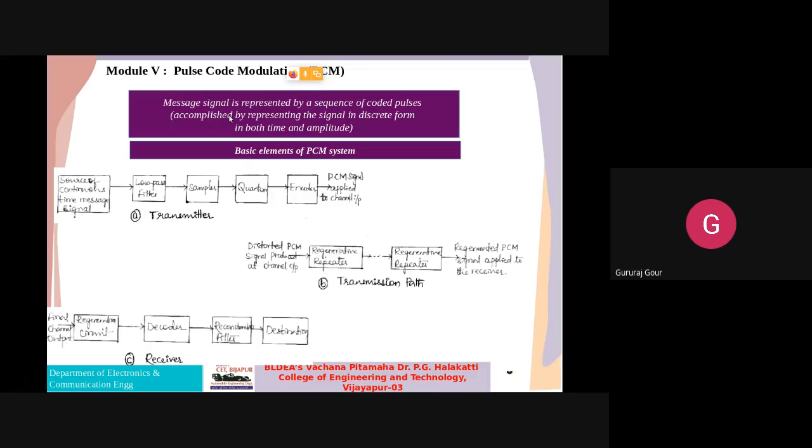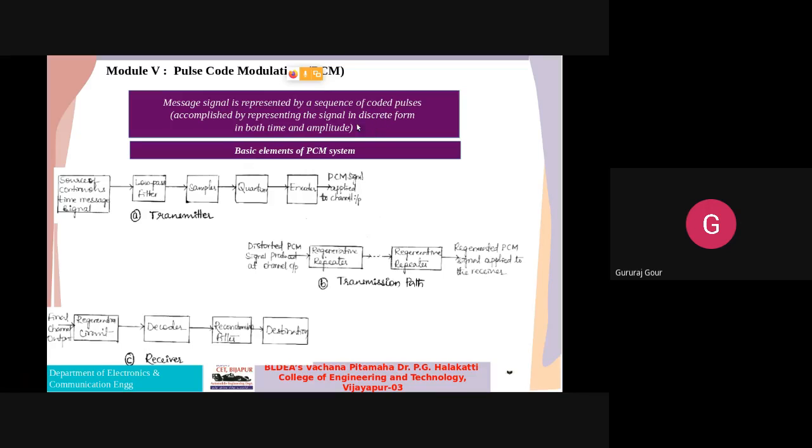It is a process where our message signal, that is m(t), or a modulating signal m(t), is represented by a train of coded pulses, a set of coded pulses.